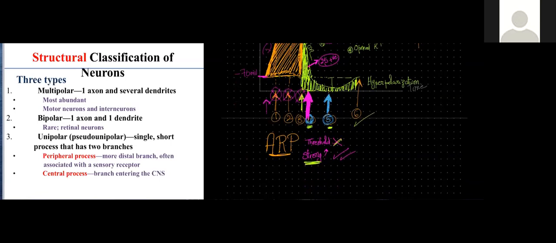I will not be responding to a threshold stimulus, but I will be able to respond to a stronger stimulus. So what do we call this phase? We call it a relative refractory period. It's relative. It's not something absolute. It's relative. It's according to what you're going to respond or not. It's according to the strength of the stimulus.